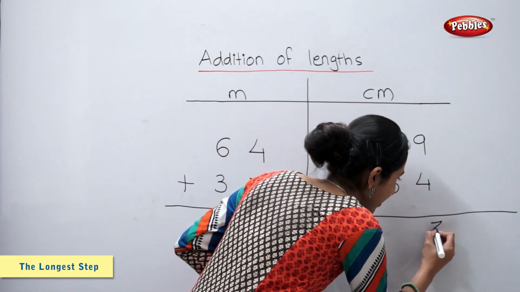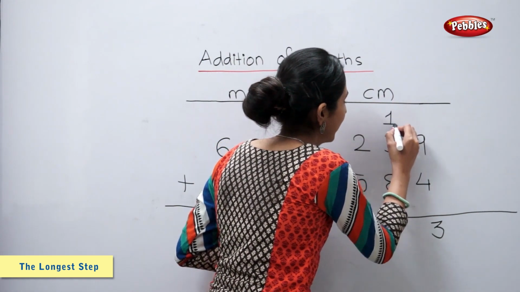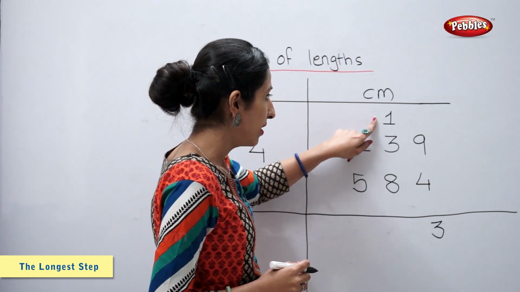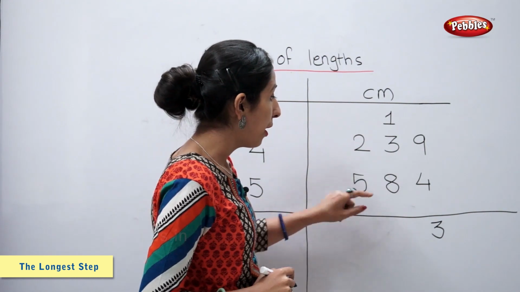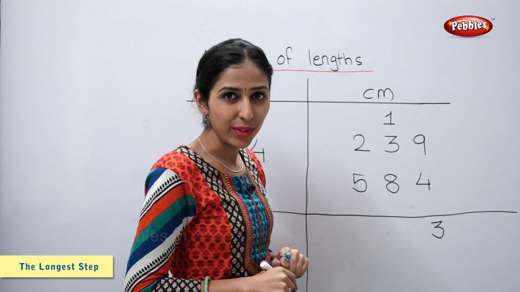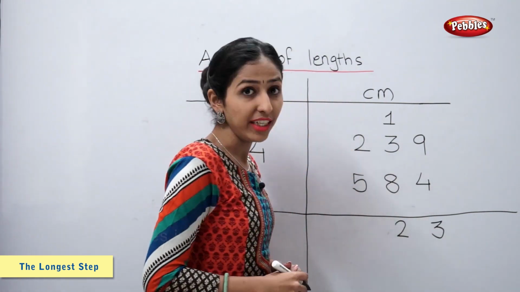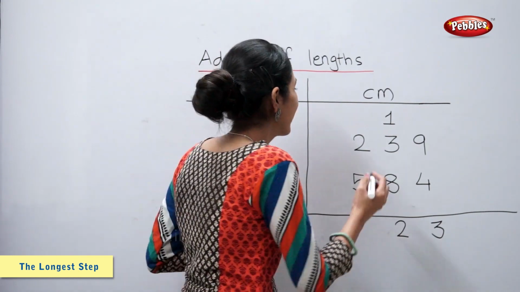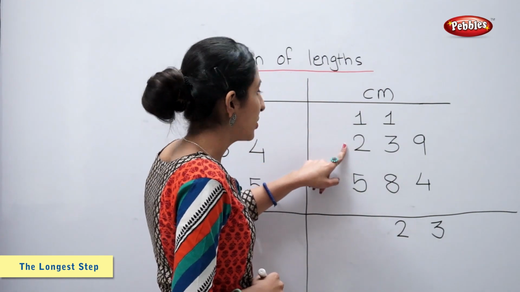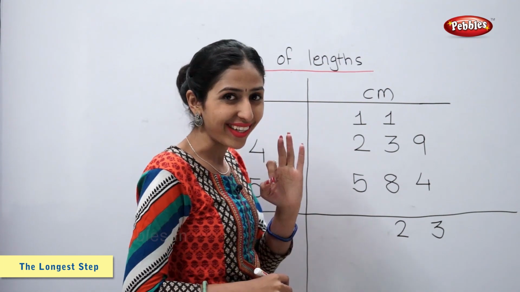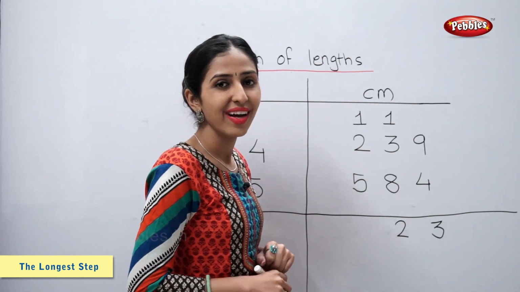So 3 comes here and 1 carry forward. 1 plus 3 is equal to 4 and 4 plus 8 is equal to 12. So we will write 2 here and 1 carry forward. 1 plus 2 is equal to 3 and 3 plus 5 is equal to 8.